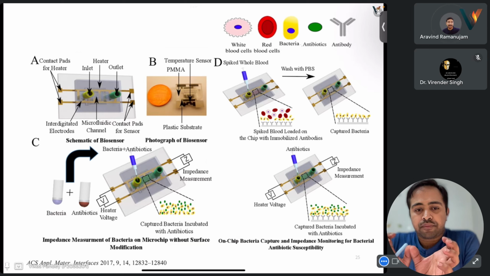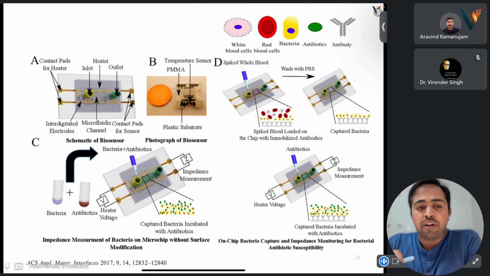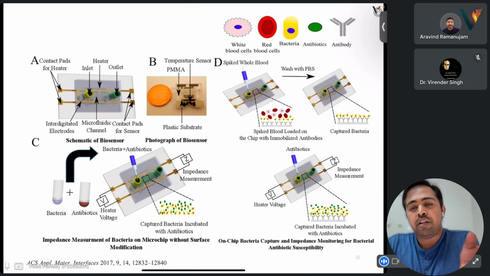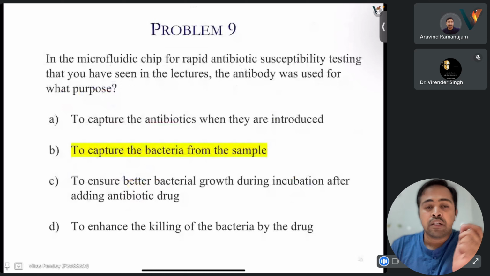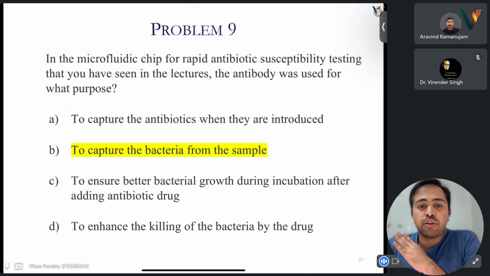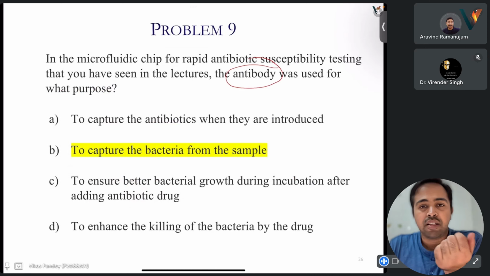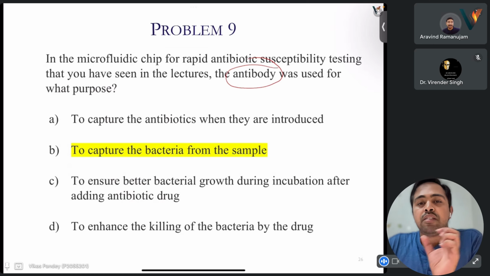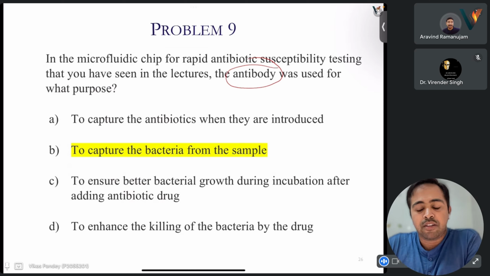Bacteria and antibiotic are both kept, and it starts growing, and then impedance measurement is done. So it is to capture the bacteria. It does not help in growth and does not kill, though antibodies are generally meant to kill something. Here it is just to hold it.